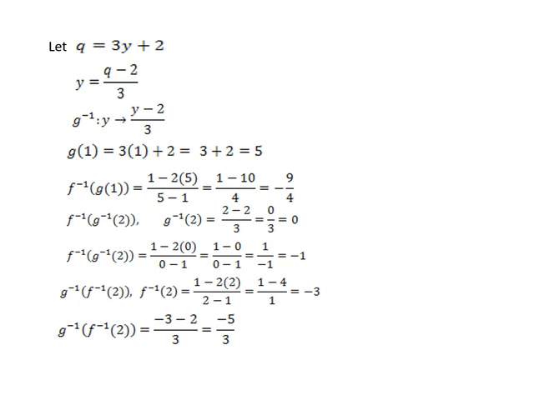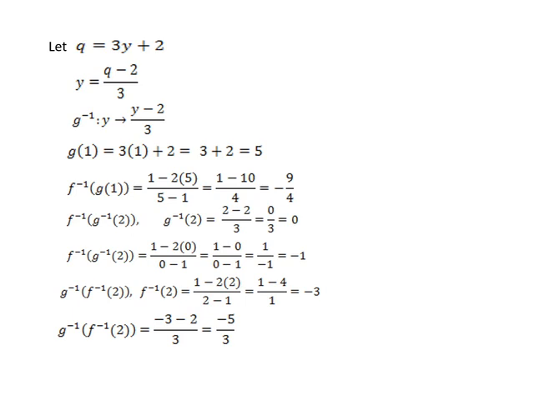So for us to get f inverse of g inverse of 2, first of all look at g inverse of 2. Where we have g inverse of y as y minus 2 over 3, you substitute the value of 2 there, where you have y, then the answer is 0.